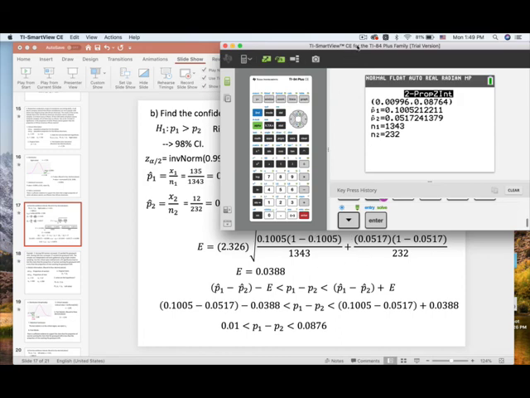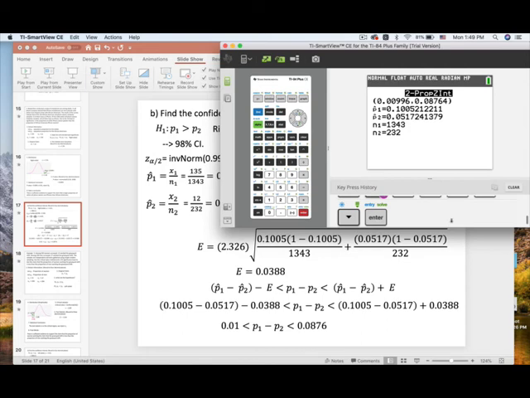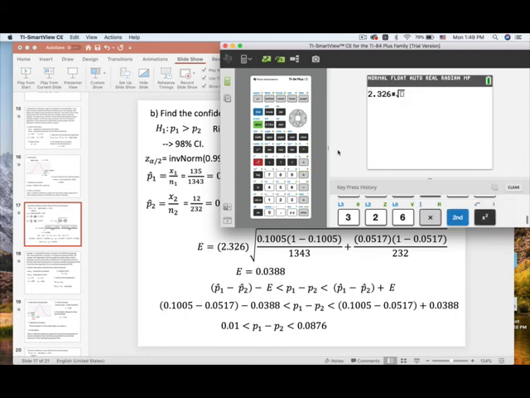Okay, now I want to show you how I plug into my calculator for my margin of error. So here I'm going to do 2.326 times square root. You could see my square root here. I don't need to use the parenthesis. If you're using the TI-83, you may want to put one more parenthesis in here.